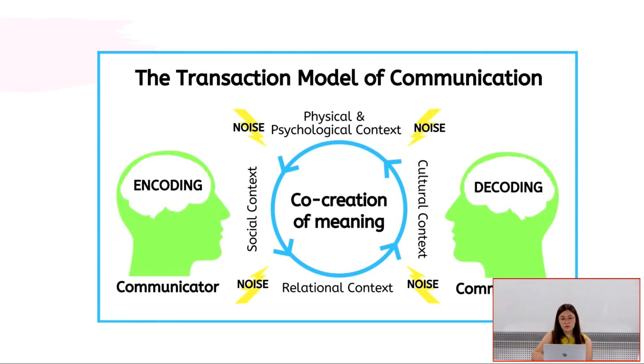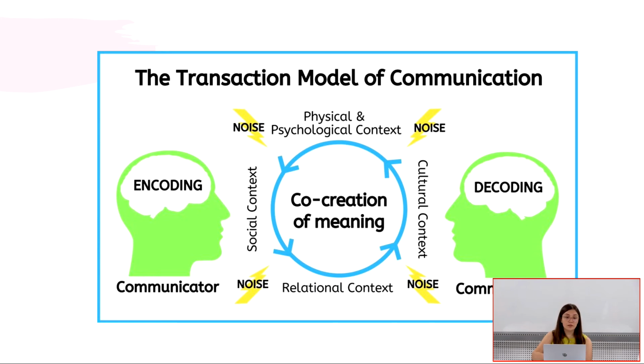As for the other communicator, they need to decode what they are being told, and they co-create the meaning, and it can also be affected by different noises around them. It can be the social context in which the communication takes part. It can affect their communication. Also, their physical and psychological context can affect their communication.